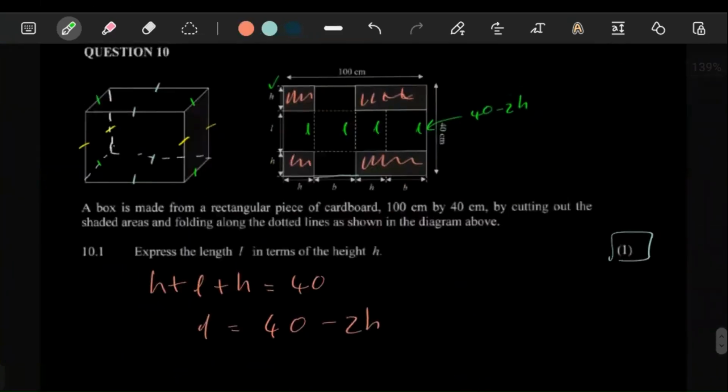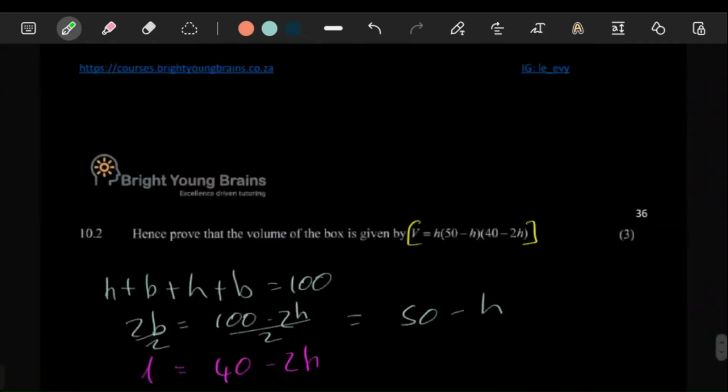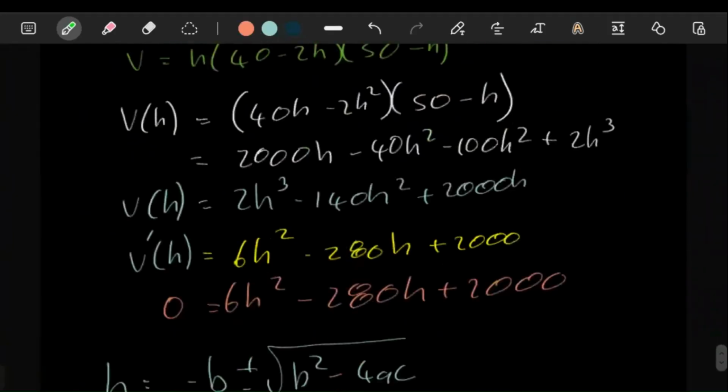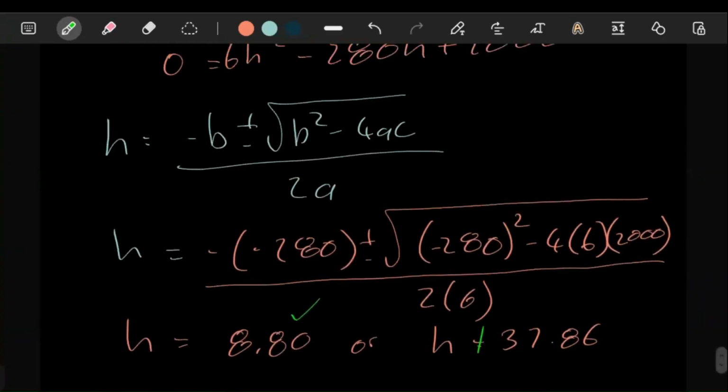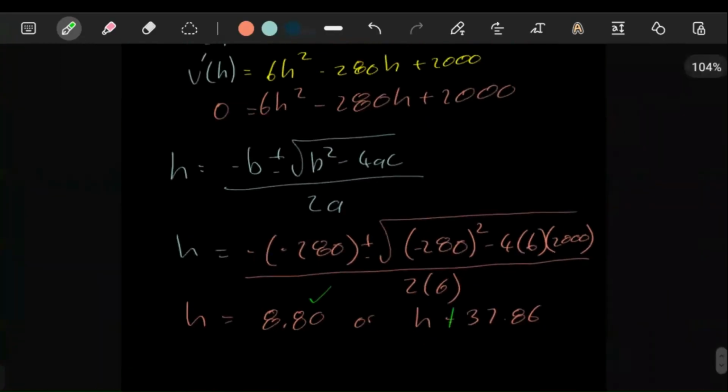But if you look at the logic, if H here is 30 something and there it's also 30 something, this cannot be equal to 40. So you'll have to disregard this one because H cannot be this big. So H can only be that. You see, that's why they'll give you 5 marks there for discarding the other one.